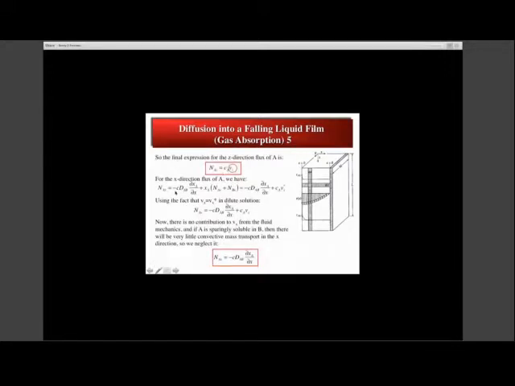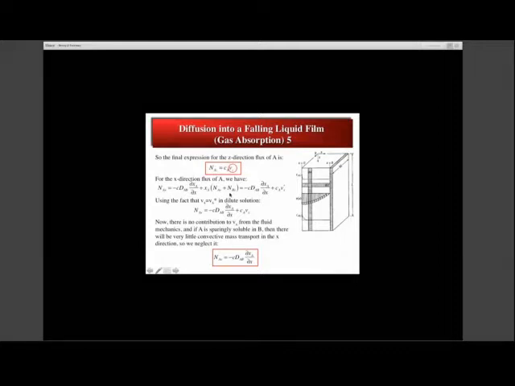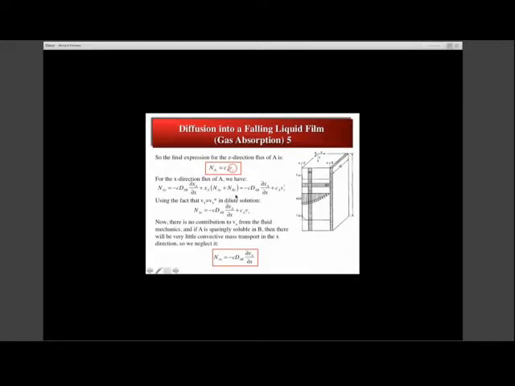In the X direction, we have the same expression, and we can write it as shown here. And if we use the expression that the molar and mass average velocities are the same, then the expression for the flux of A is given by this expression as a diffusion component and a convection component.